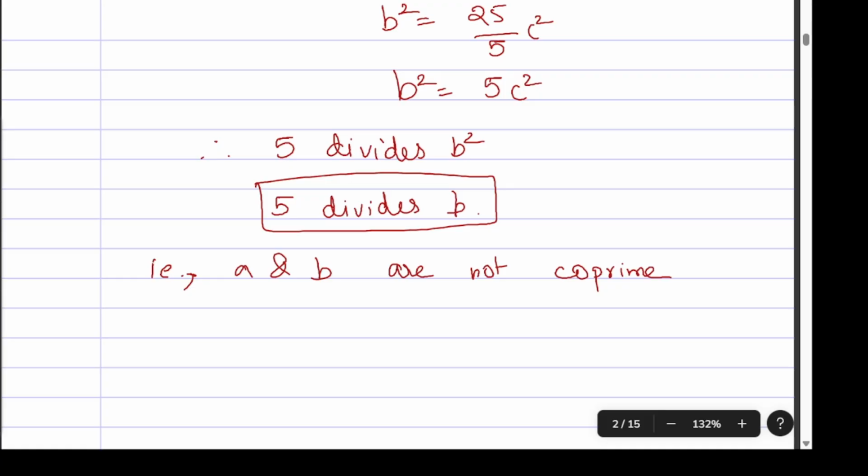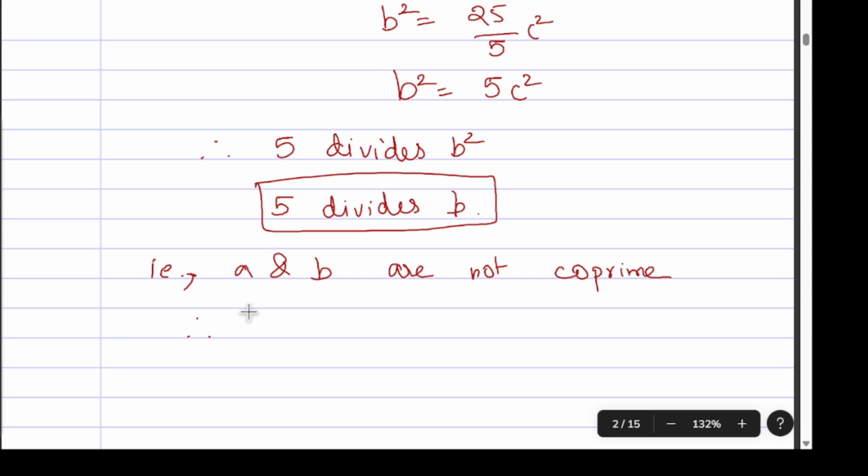We assumed that root 5 is a rational number, and we assumed that a and b are coprimes. Since now we have proved that a and b are not coprime, our assumption was wrong, right?